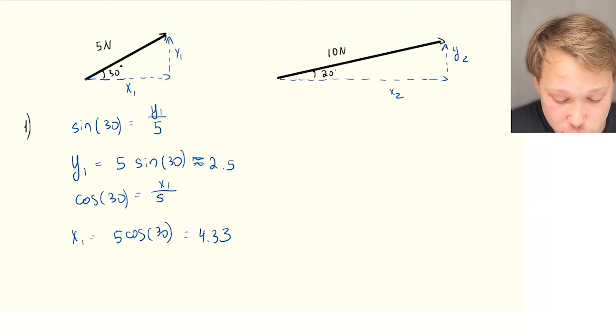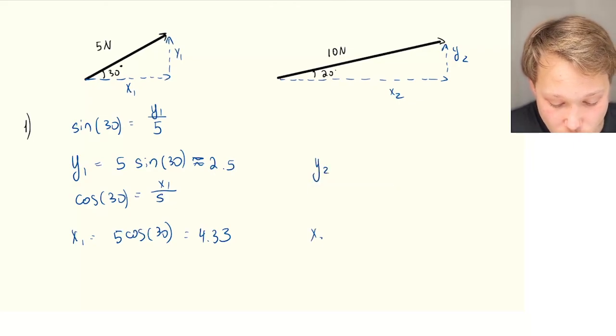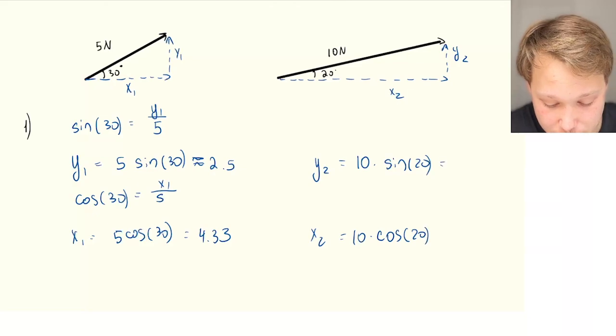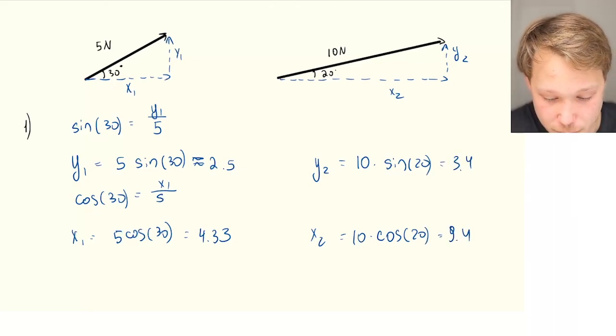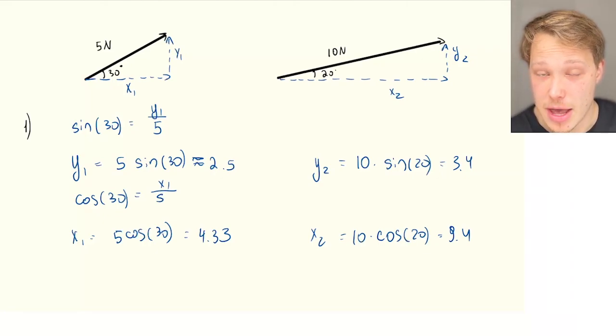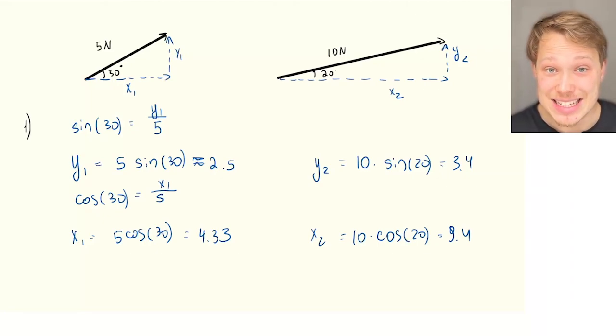As you can guess, we can also find the x and y components of the second vector in the same way. I'm going to multiply 10 times sine of 20 and 10 times cosine of 20 over here. So this will be 3.4 and 9.4. Great. Now, do you remember what the second step was? The second step was to revise the signs.